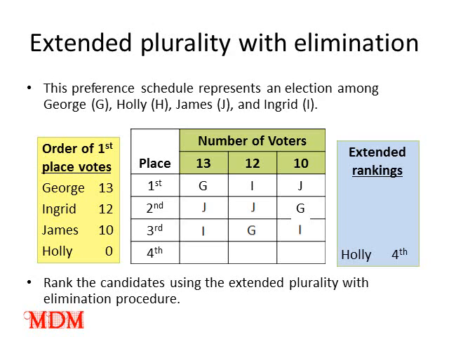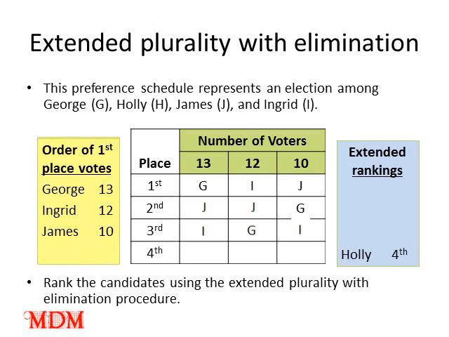Now, as we look at this, we still have the same order because it didn't affect our first place votes. We still have George with 13, Ingrid with 12, and James with 10. So the next least number of votes goes to James, and that puts James in third place.